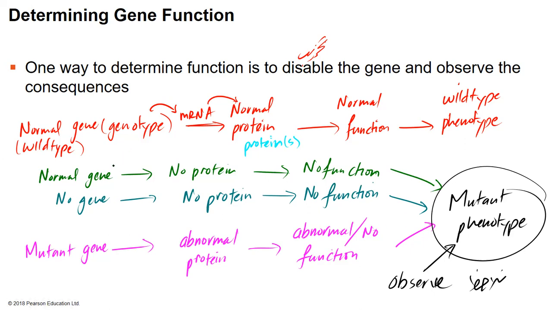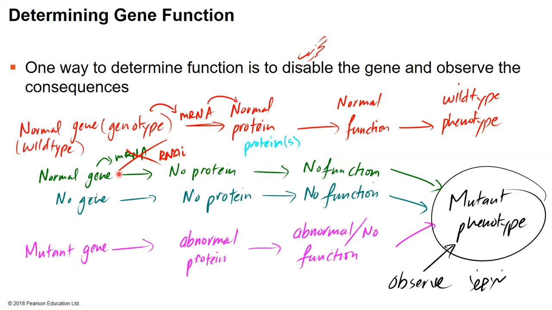So the idea here is that this normal gene will give an mRNA, but we could use small interfering RNA, or we could use RNAi to prevent the translation from RNA into a protein, so there will be no protein.